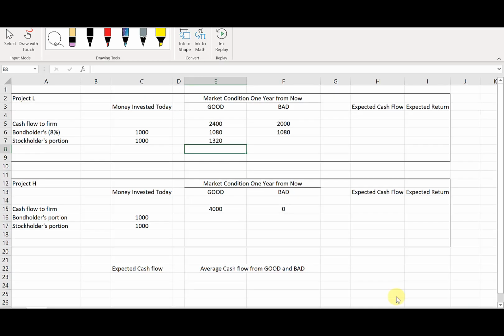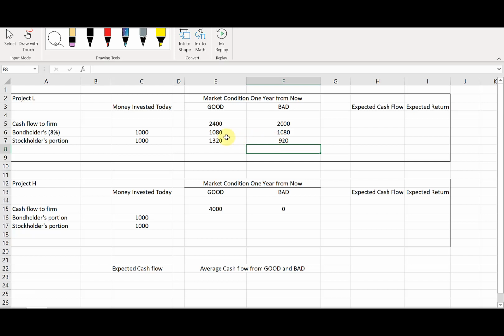We'll minimize this a little so you can see the calculation: 2,400 minus 1,080, so 1,320. That's what's remaining for the stockholders. Same thing here: in scenario bad, the company will make 2,000, 1,080 of that will go to the bondholders, and that leaves only 920 for the stockholders.